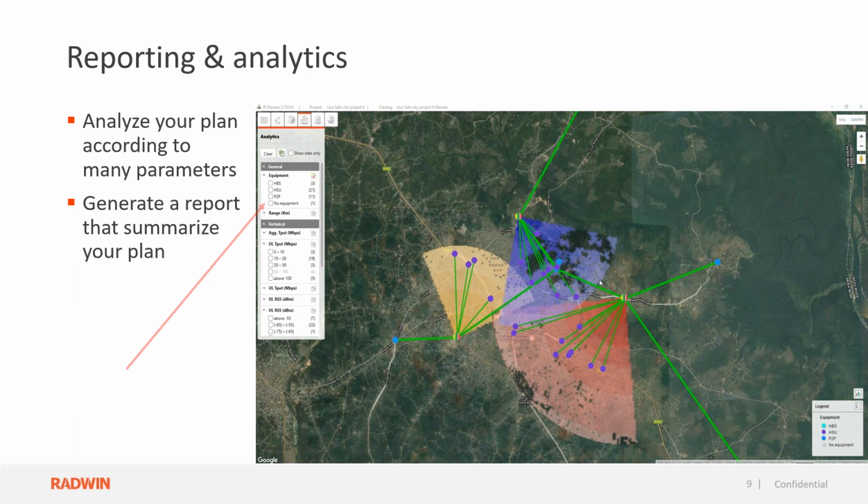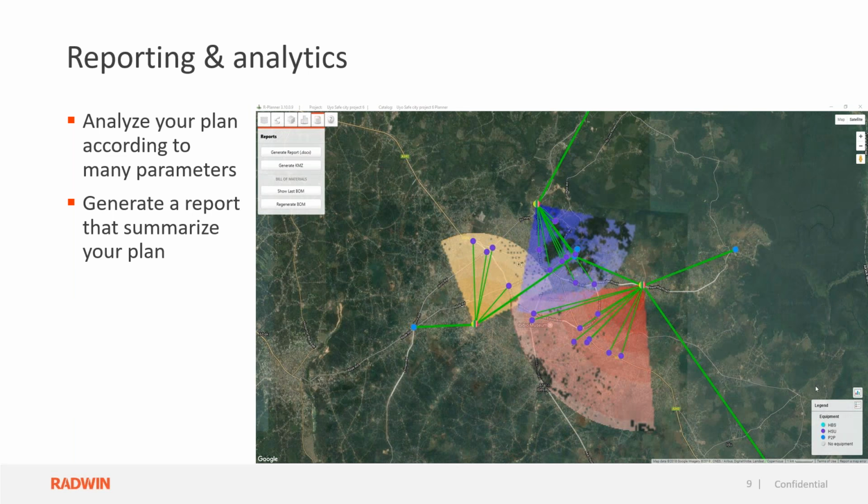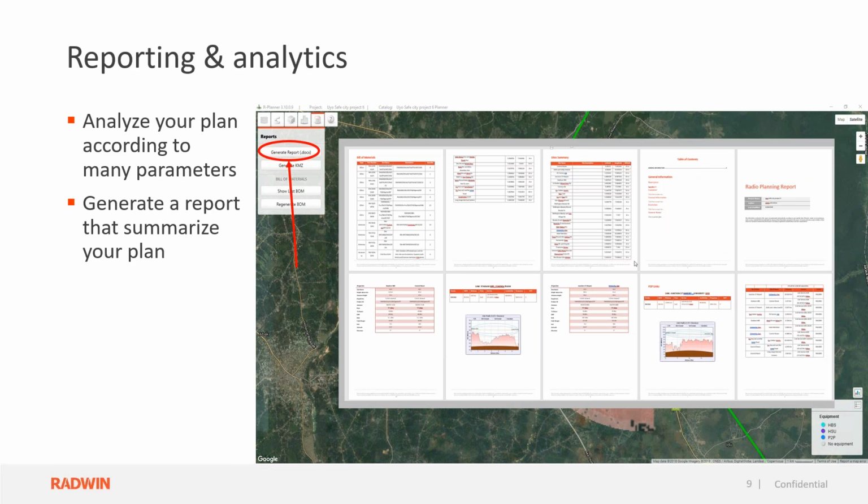And at the end, you will get a full report on the planning that you did to summarize your plan. It's simple. You just generate a report and you get full analytics and statistics about your planning.